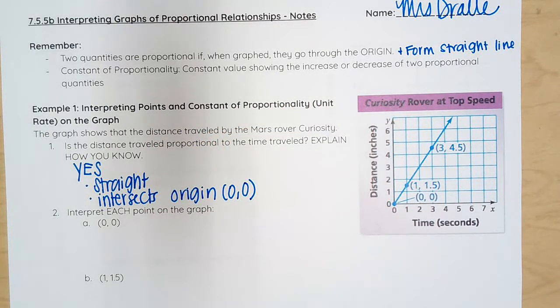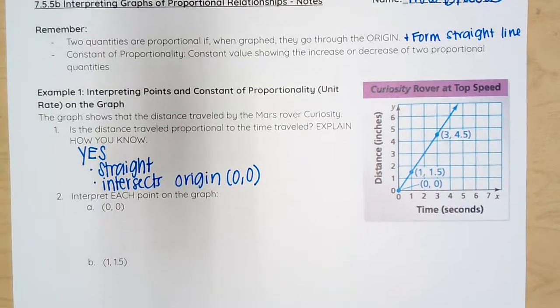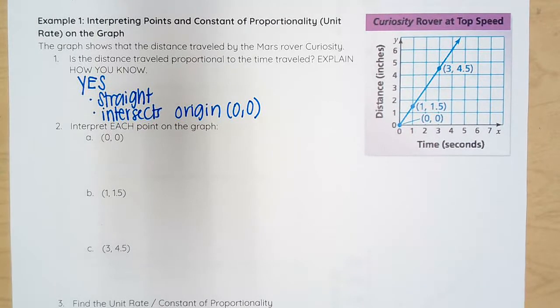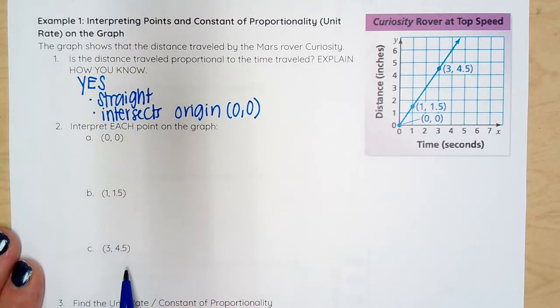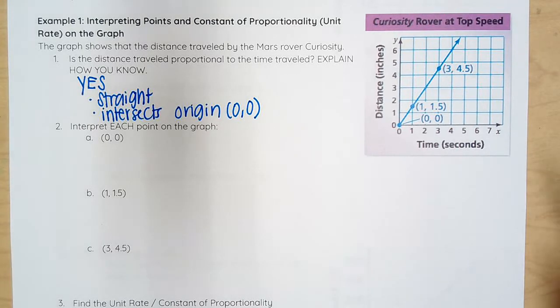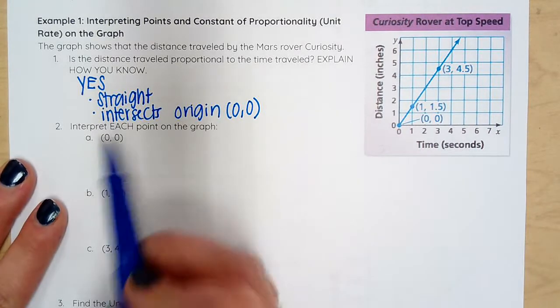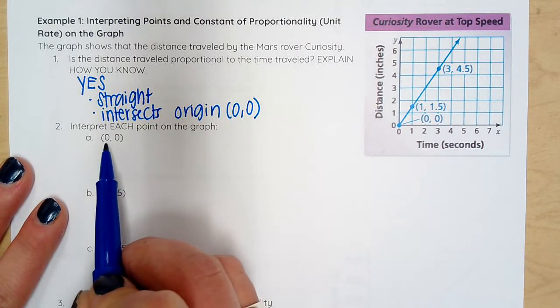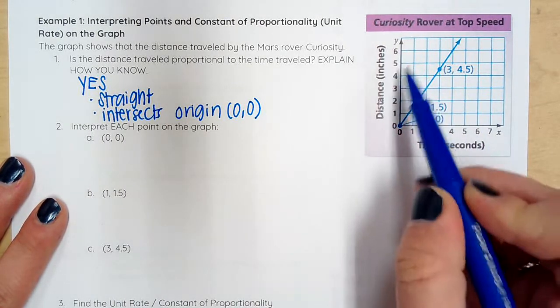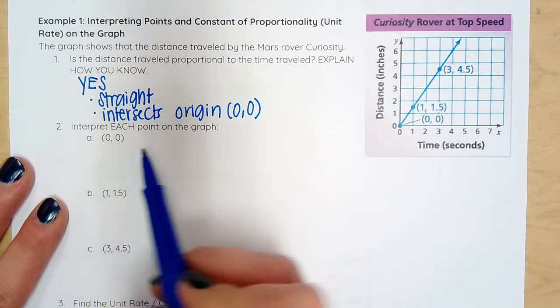The next piece is interpreting the separate points on the graph. We want to take a look at the points found on the graph and determine what they mean. So we will use sentences to describe each point. For example, we are comparing X and Y. X is seconds and Y is inches. Here we have (0, 0).